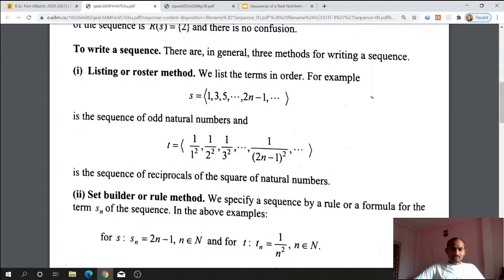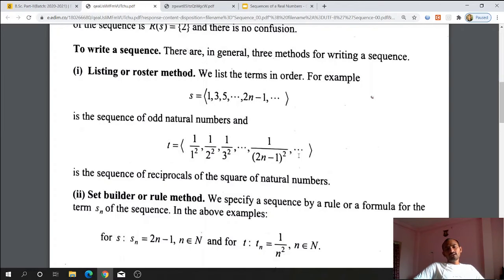Let's take another example. T is equal to ⟨1 upon 1 square, 1 upon 2 square, 1 upon 3 square, and so on, 1 upon n square, and so on⟩. This is a sequence of reciprocals of squares of natural numbers.